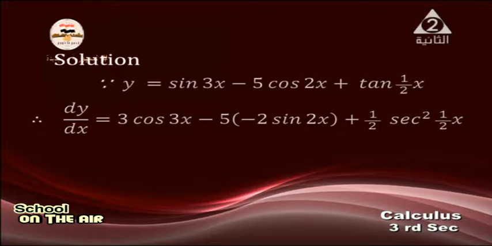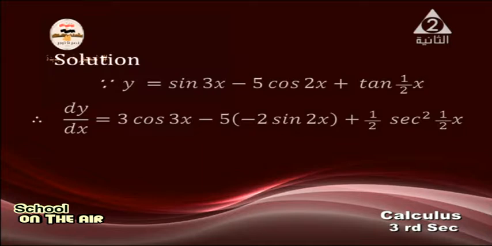Minus 5 is a coefficient, minus the coefficient 5, multiply the derivative of cosine 2x. What is the derivative of cosine 2x? The derivative of cosine 2x is negative 2 sine 2x. Negative sine 2x is the derivative of the function cosine 2x, multiply the derivative of the angle 2x, which equals 2, plus the derivative of tan half x.